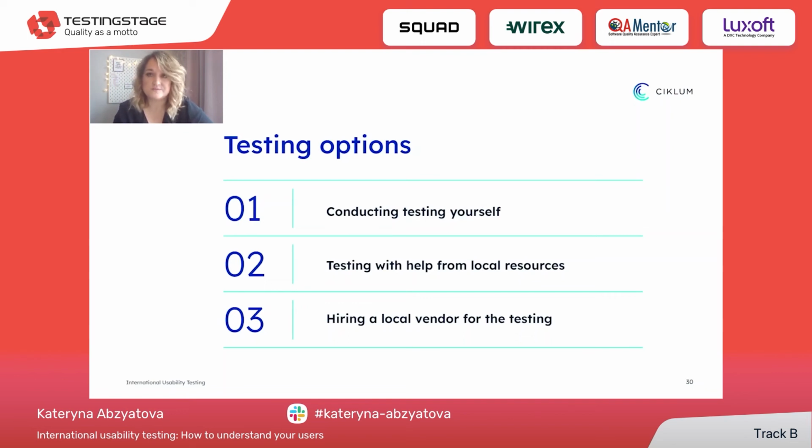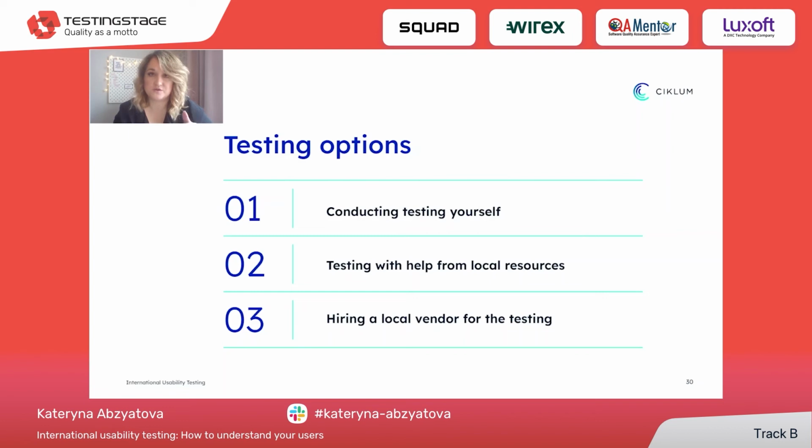We can do it when we are limited in budget. Maybe this is the best option. But we can also ask for help from local resources, people who are living in the country, though not always is it easy.